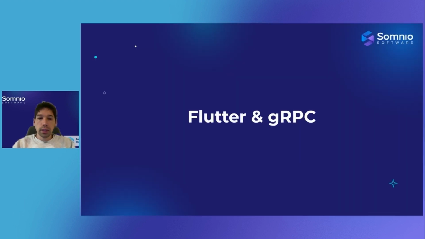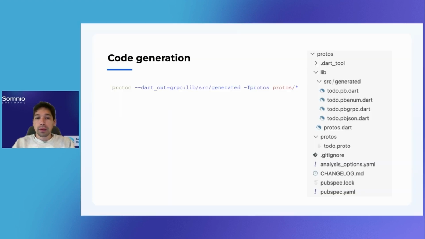So how can we integrate everything with Flutter and start creating full-stack apps, right? To do that, the first thing to do is to create the code. From the proto file, we have to do some code generation to create actual Dart classes.